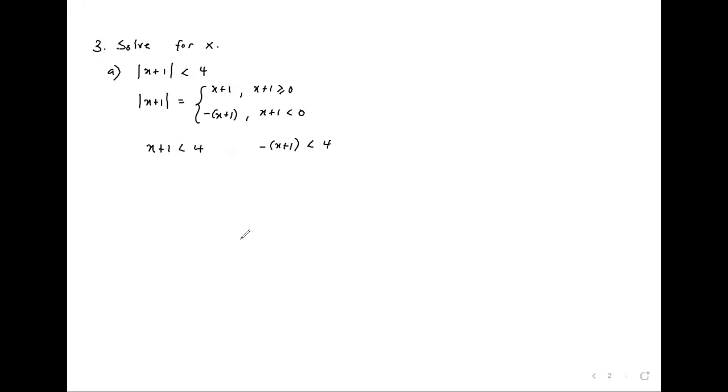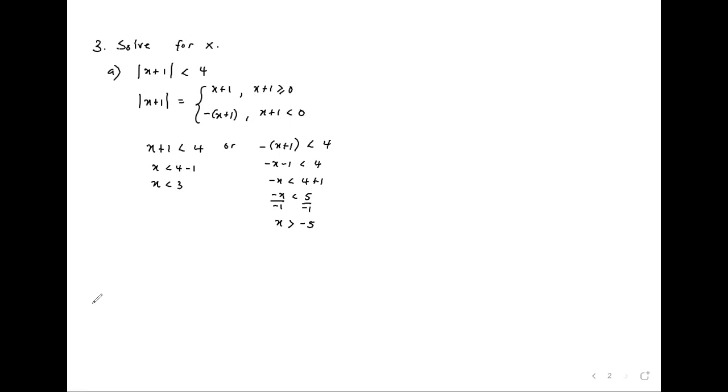Then we have x less than 4 minus 1, giving us x less than 3. Here we have negative x minus 1 less than 4, giving us negative x less than 4 plus 1, so negative x is less than 5. Dividing by a negative, we get x greater than negative 5.